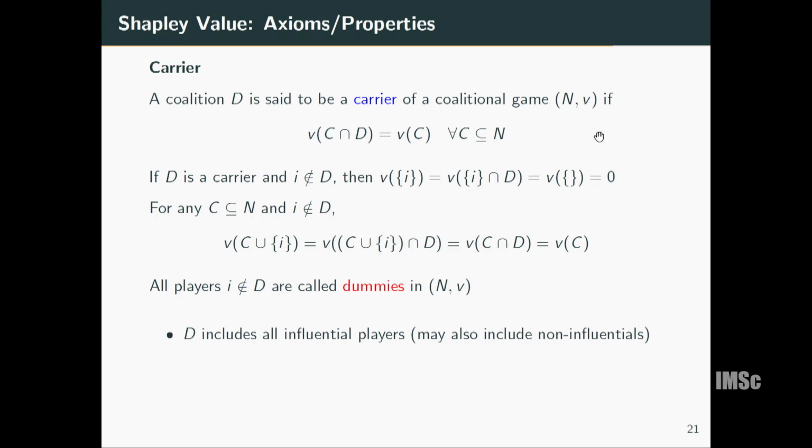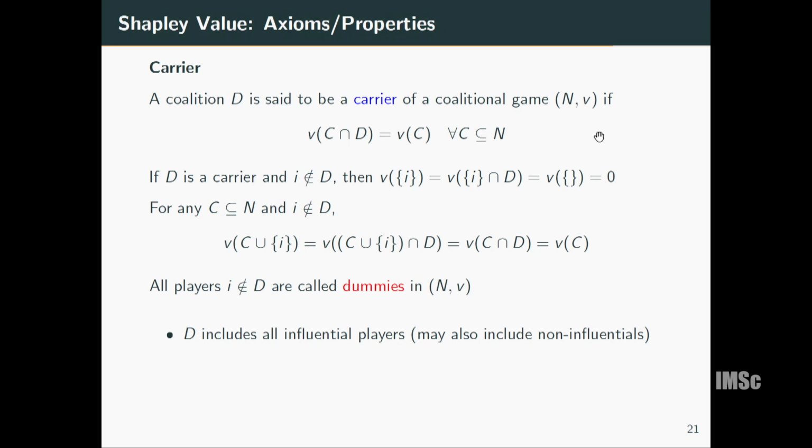And if you take any C which is a subset of N and you take I that does not belong to D, then V of C union I will also be equal to V of C. That means I is not contributing anything to any set. His own valuation is 0, and he is not contributing anything to any other set.